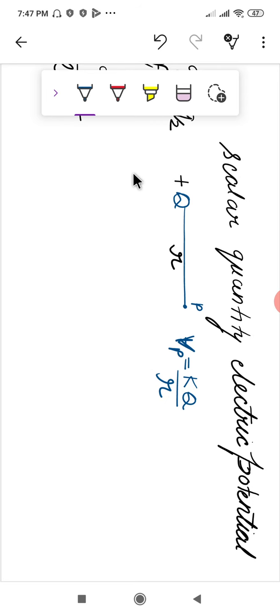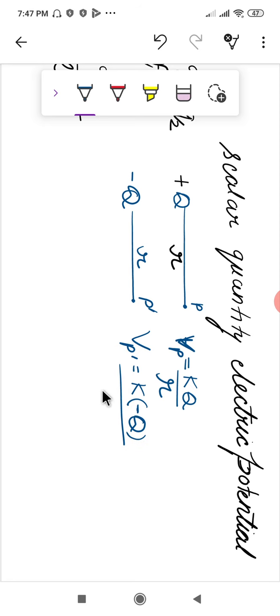And if the charge is minus Q and the point is again at distance R, let it be P dash, then the potential of point P dash is K, now see here, minus Q upon R.